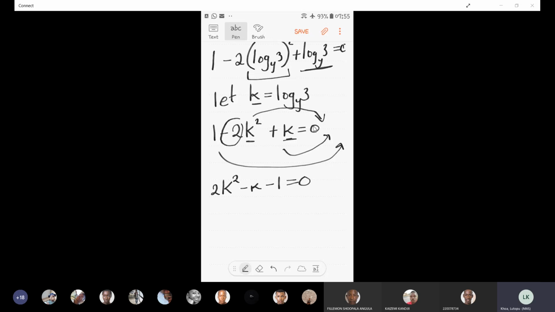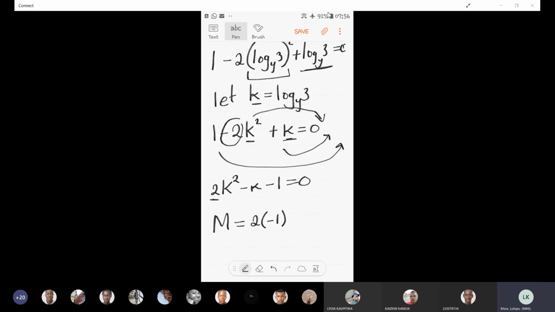Then this equation, you'd factorize it the way that you normally do. When I factorize this, I'm looking for two numbers that when I multiply them, the answer is 2 times negative 1.